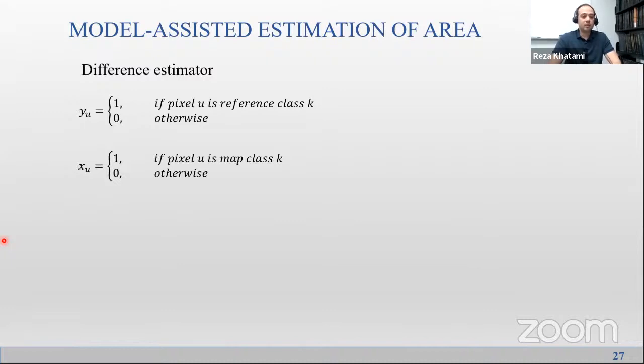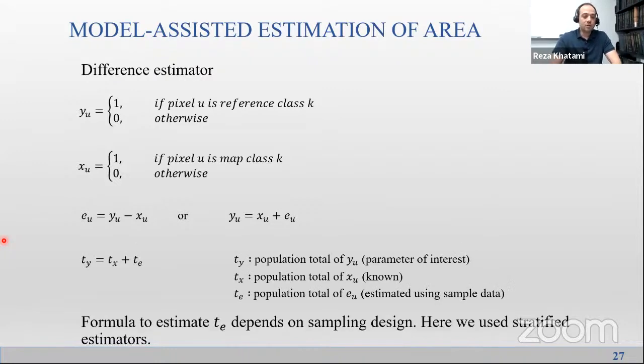The x variable could have values of 1 and 0 depending on whether a pixel has the map label of the class of interest or not. Then the error term can be defined as the difference between y and x, or we can say y equals x plus error. So the population total for y would be our parameter of interest, which shows the total area of the class of interest based on reference classification.